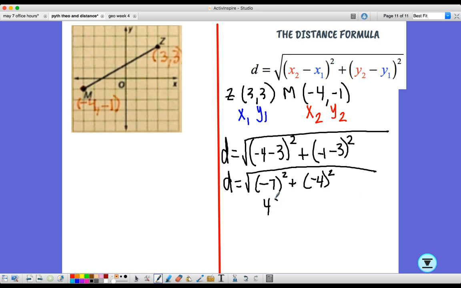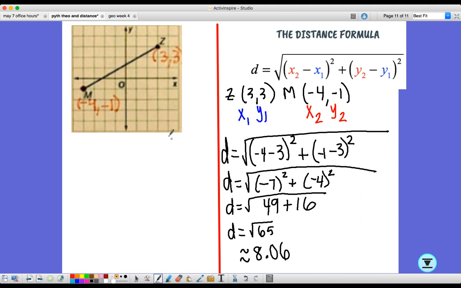So we have 49 plus 16. Remember, our negatives are going to go away when I take a negative times a negative. And 49 plus 16 is 65. And the square root of 65 is about 8.06.